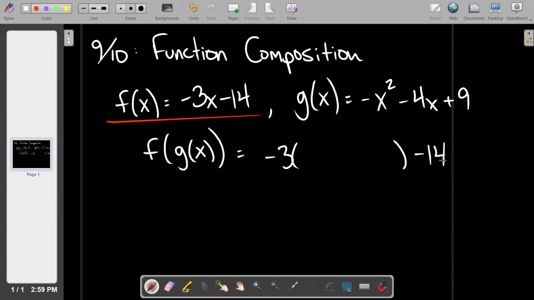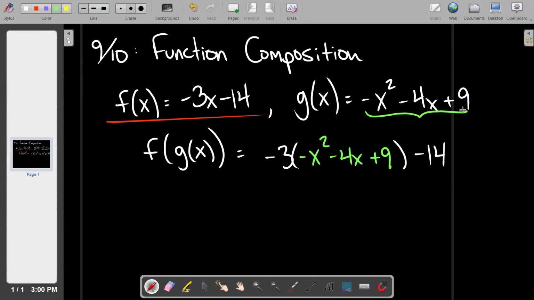The g of x, right? So g of x is effectively substituting himself into the f function. And so it's negative 3 times x, but x is now negative x squared minus 4x plus 9. So can you see that the entire g function got just dropped in? And now it's just simple algebra like this.